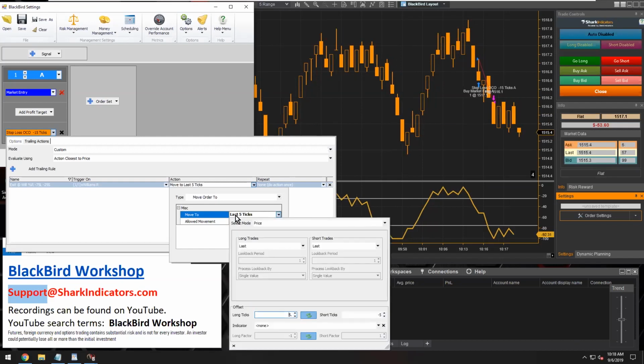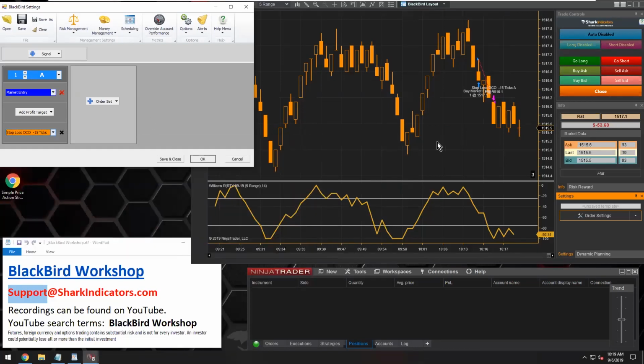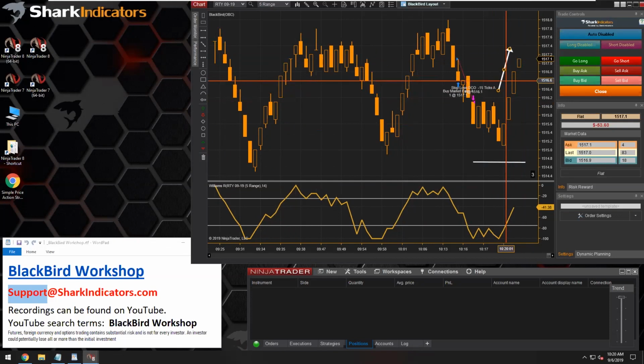If you're not sure about that, let's cover the two scenarios. Let's say I leave it at exactly the last price. We're in a long trade, and our trailing rule executes.